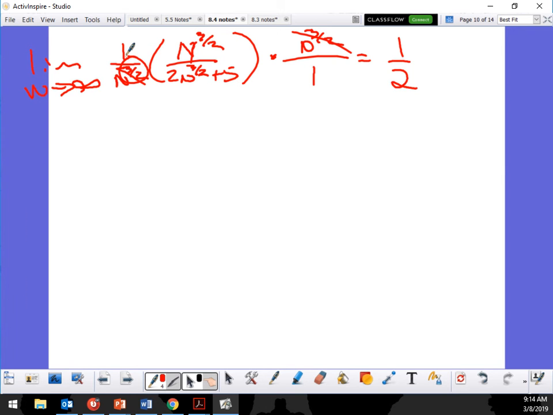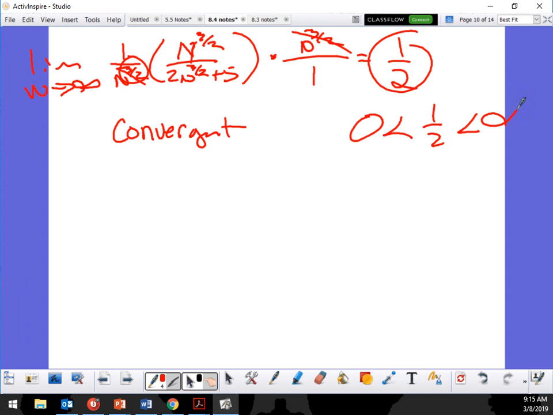So we compared it to a convergent. So yes, the test works. I compared it to a convergent, so therefore it is going to be convergent.